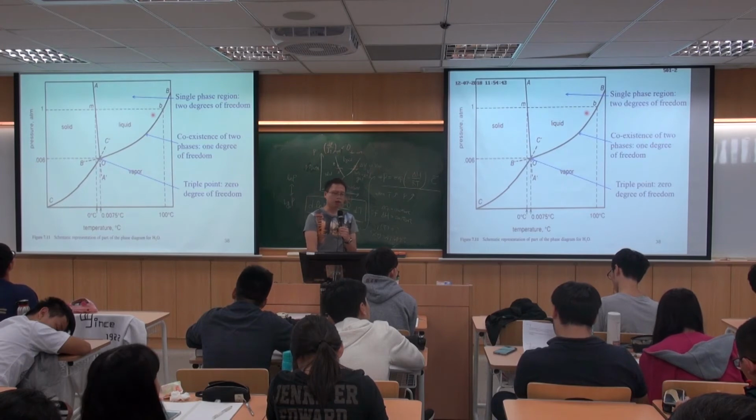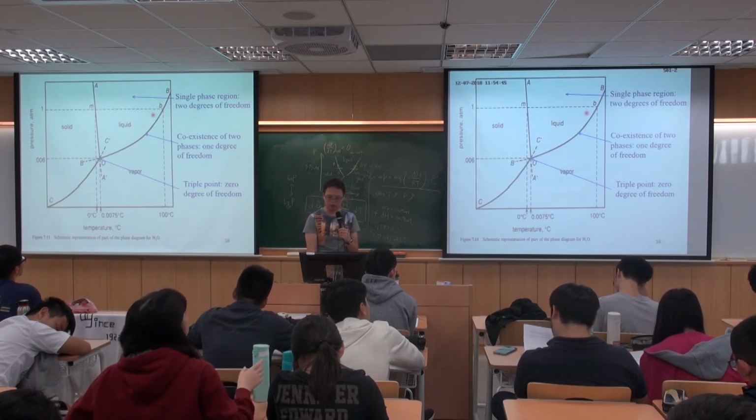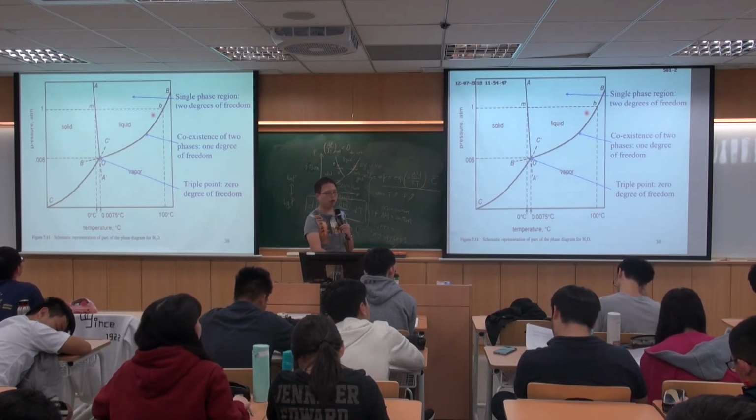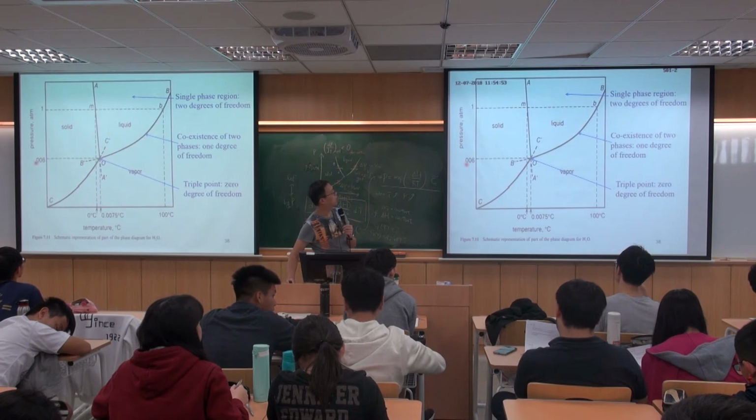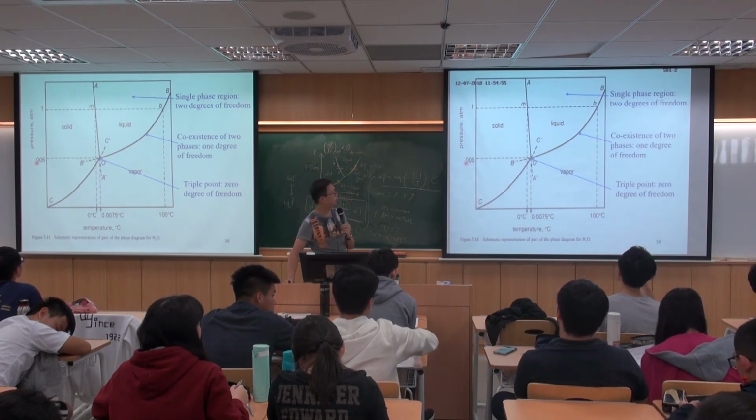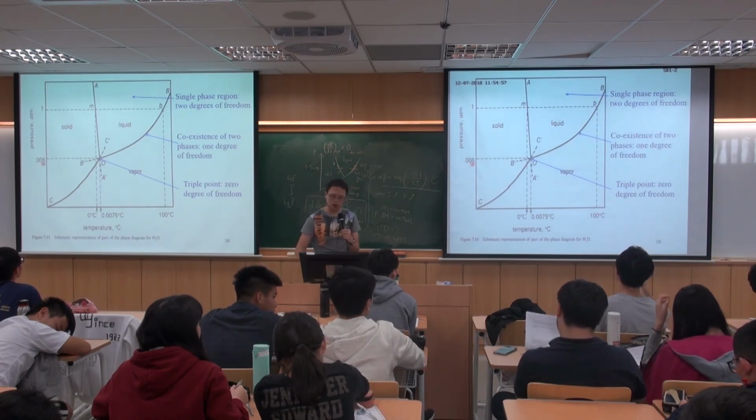But even with that, you can only have 2 phases coexist at the same time. If you want to have 3 phases coexist at the same time, you have to go down to a very weird or very low pressure to satisfy that condition. Typically, it's hard to achieve that.